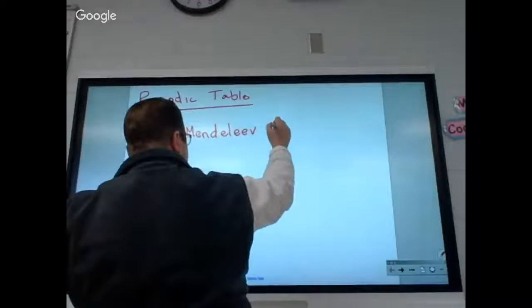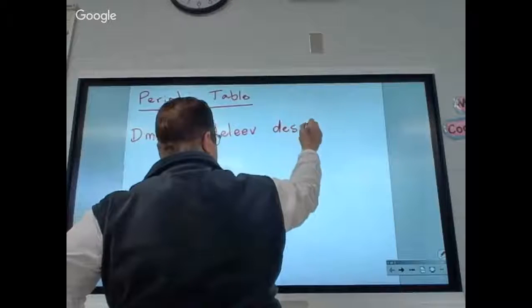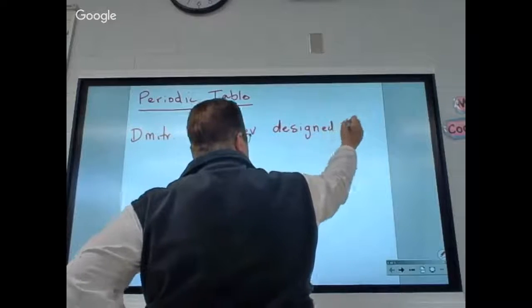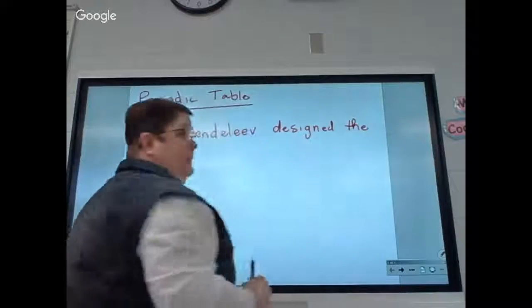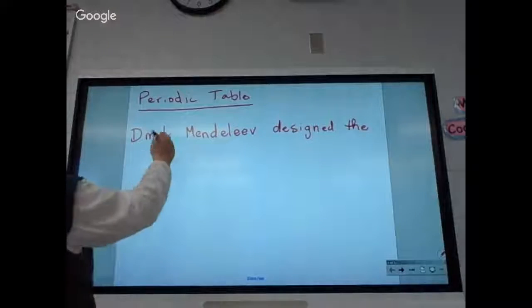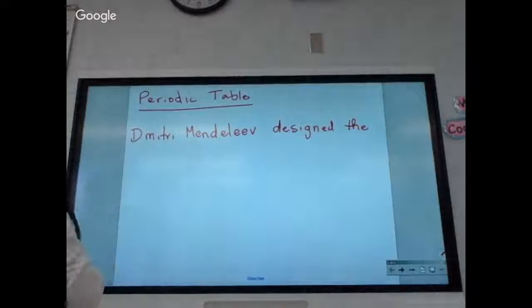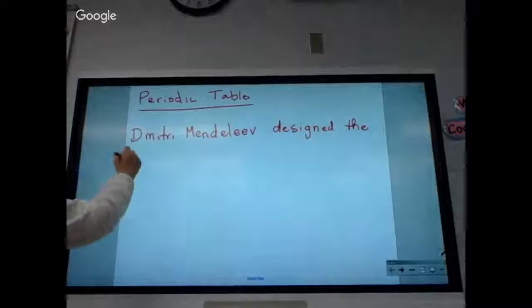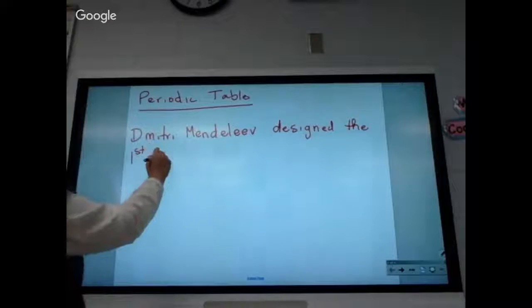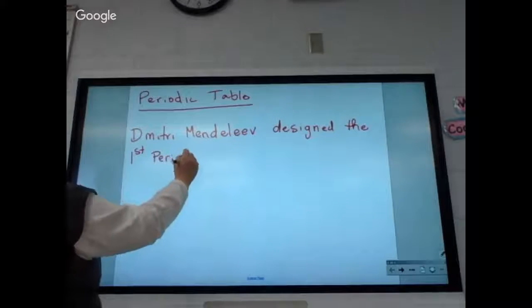Dmitry Mendeleev designed the first periodic table.